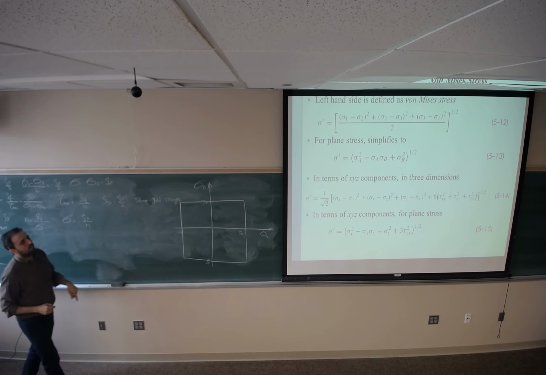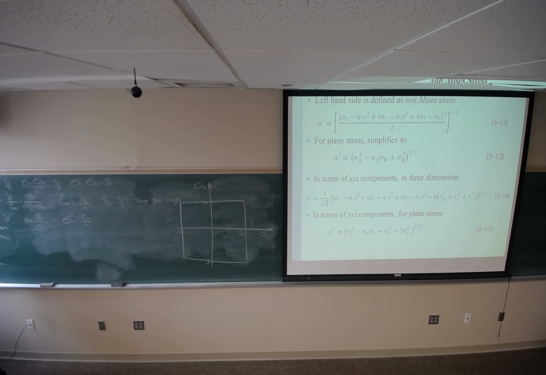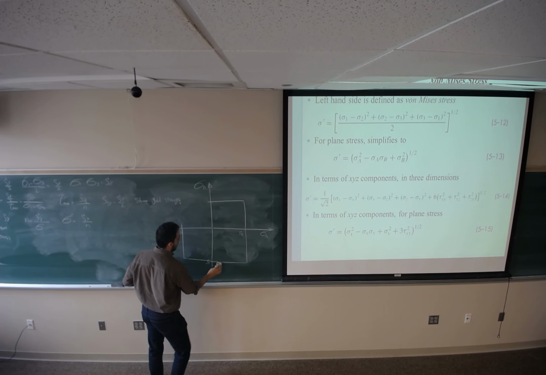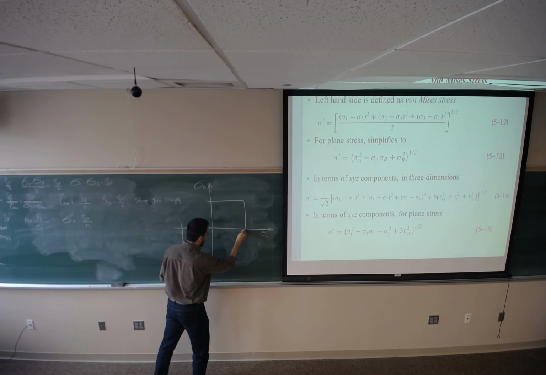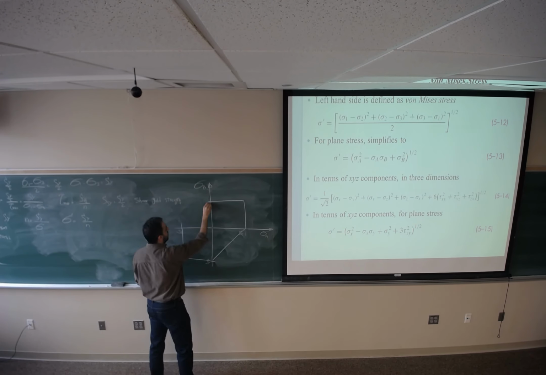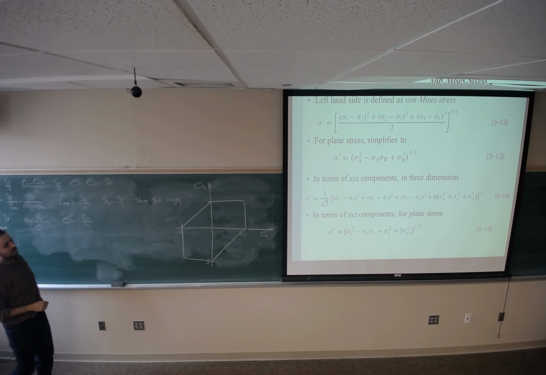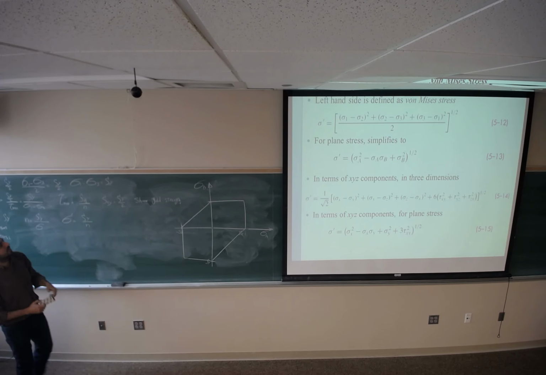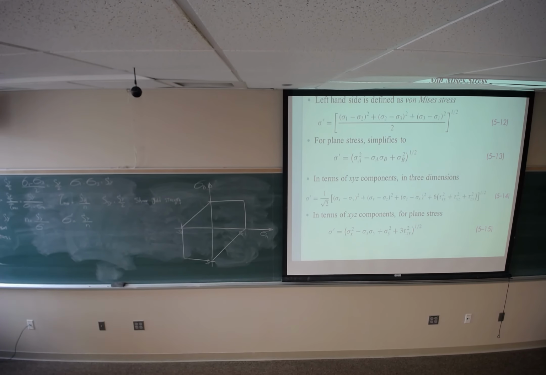So for maximum shear stress theory, it's going to look like this. These two are square, and here we are going to have a line. Depending on which quadrant we are located in, sigma 1 and sigma 3 would be different. So we are going to end up with this.